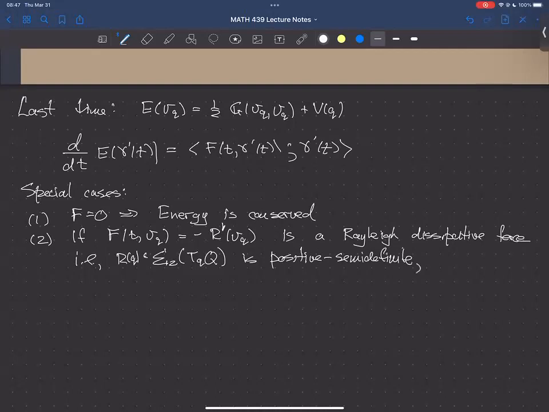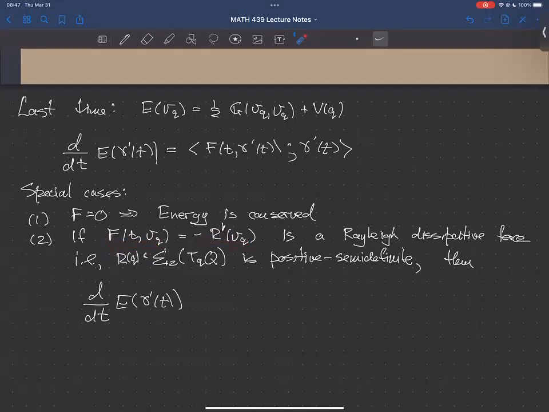Then d by dt of the energy. Now I'm going to stick F to be minus R flat.